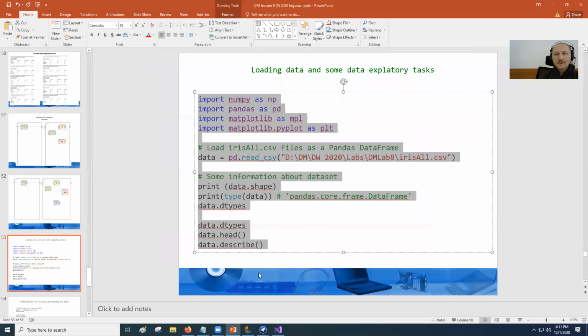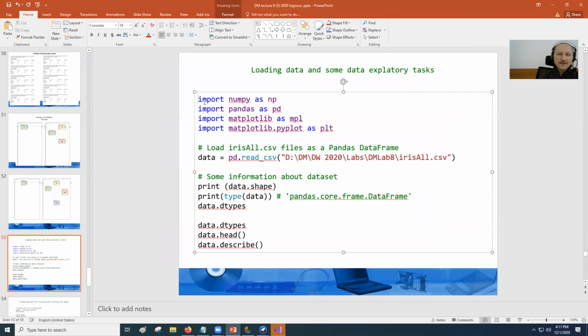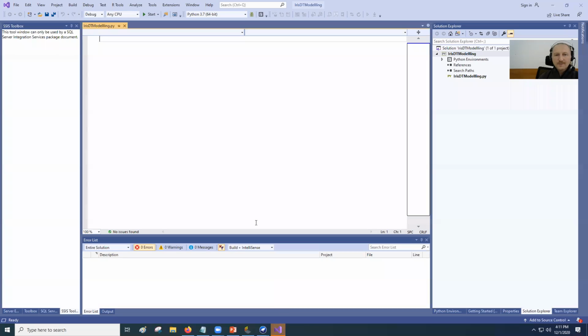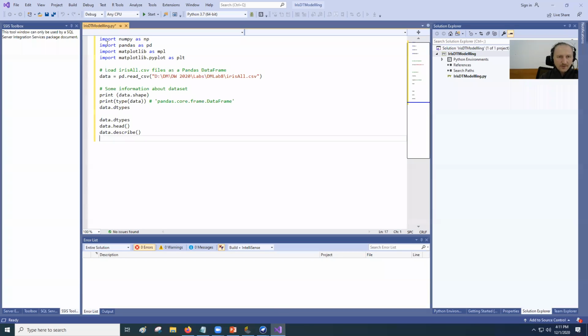So we know if you are developing a machine learning or data mining model, first of all, you should import your data. Yes, and you can do some discovery. In the previous lesson, we explained these steps. I don't want to repeat them here. Just copy, paste and run this code.